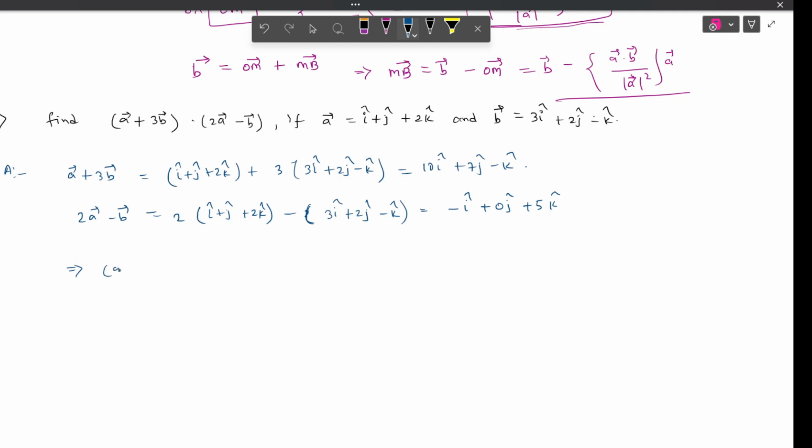So A plus 3B dot 2A minus B is 10i cap plus 7j cap minus k cap dot minus i cap plus 0j cap plus 5k cap. So 10 into minus 1 is minus 10, 7 into 0 is 0, and minus 1 into 5 is minus 5. So the answer is minus 15.